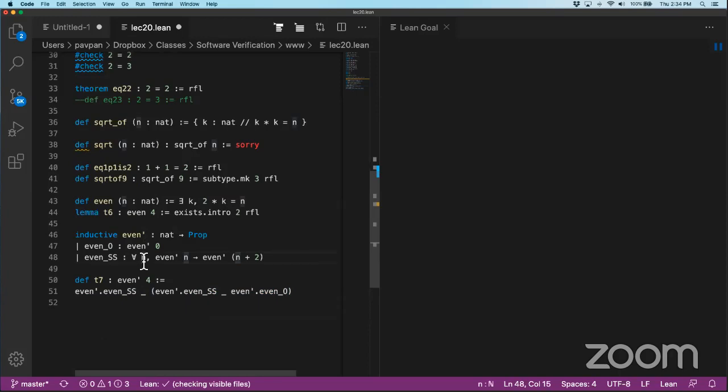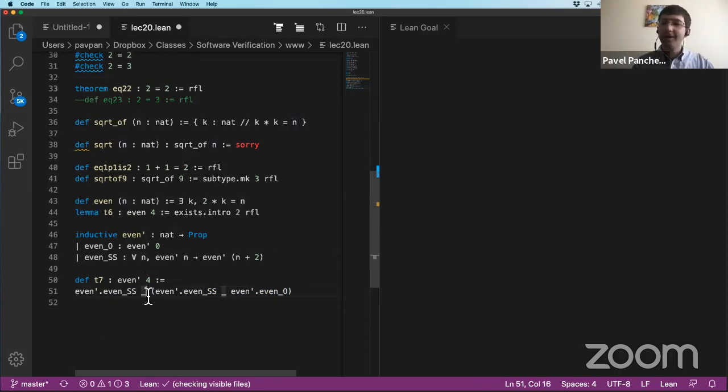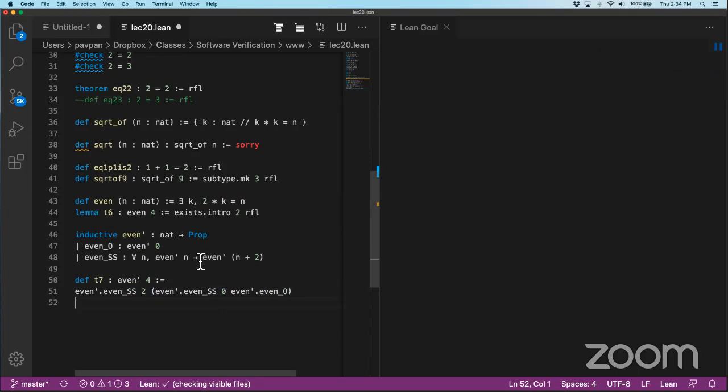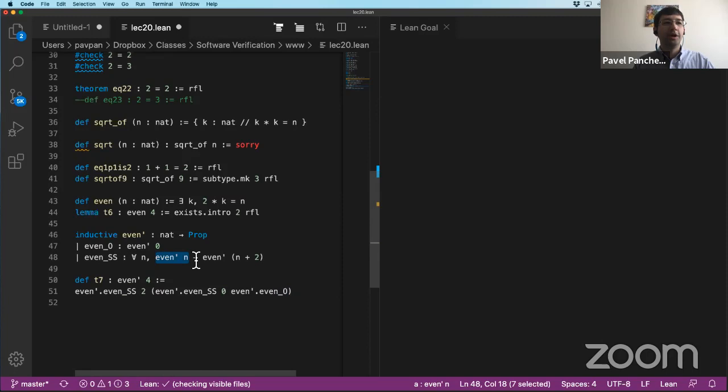Yeah. Okay. Sorry. Let me explain that instead of just brushing it under the rug. The way I've defined even SS, I said that it's for all n. And that means when I apply even SS, I need to give it the n that I intend to use. So really, this is this term. But actually, I can figure out n by looking at the argument or even the return value that I'm looking for.